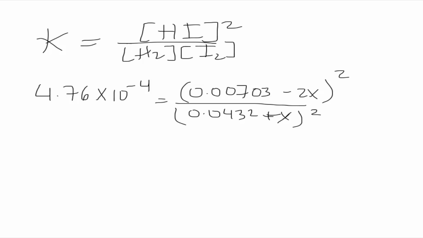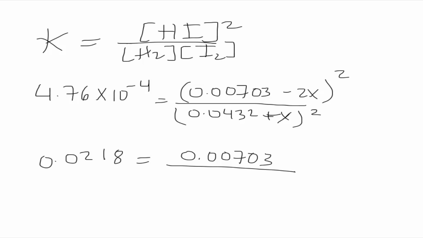And now to solve this is just math. If we square root each side, we're going to get rid of the squares on each, so we will get 0.0218 is equal to the same without being doubled or squared, 0.0432 plus x.